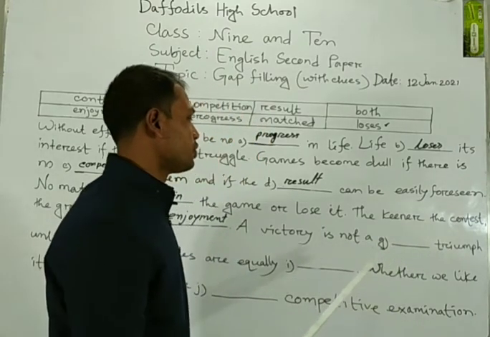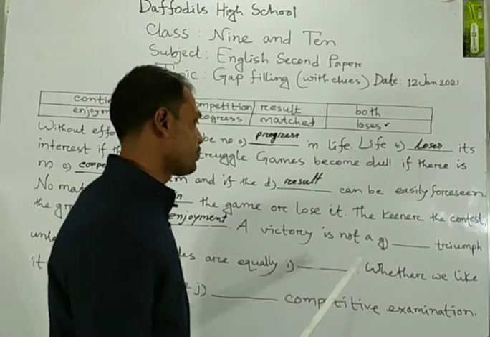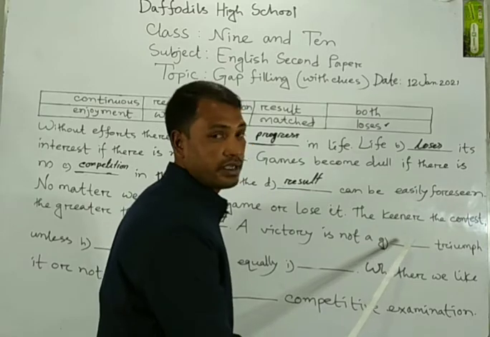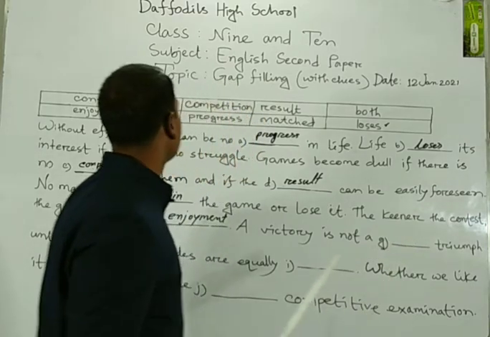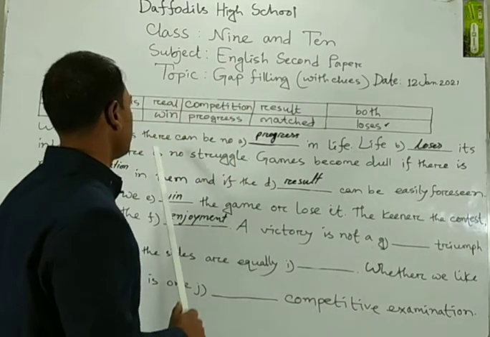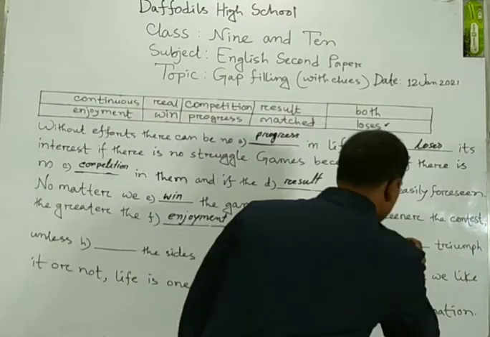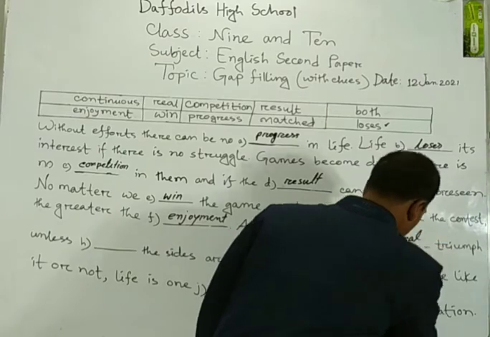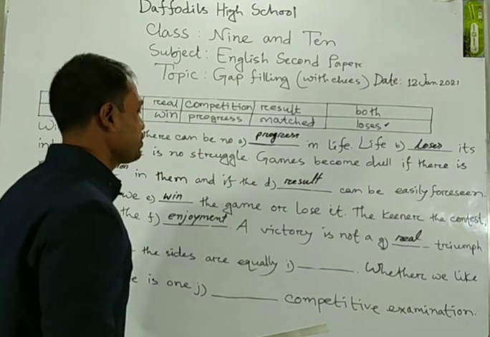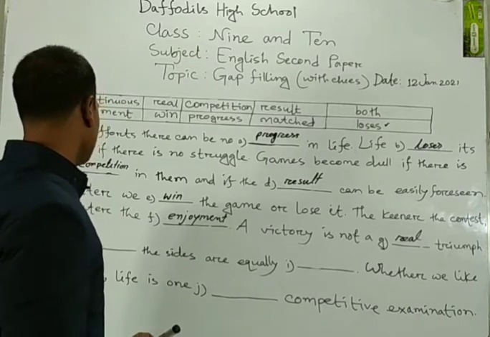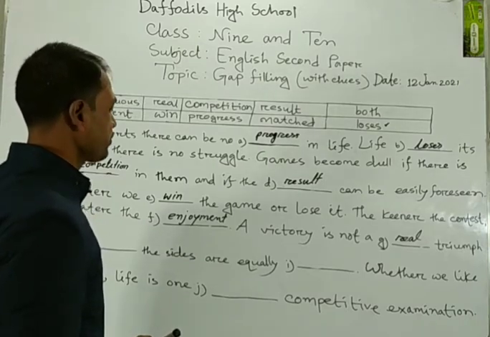If this rule is applied here, this gap must take an adjective, and our suitable adjective here is real. A victory is not a real trump unless dash the sides are equally dash.